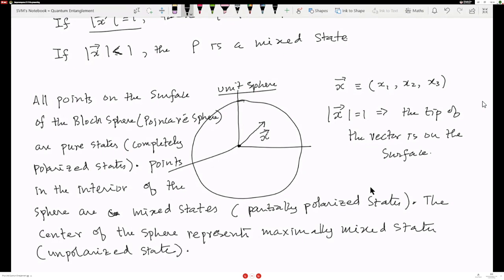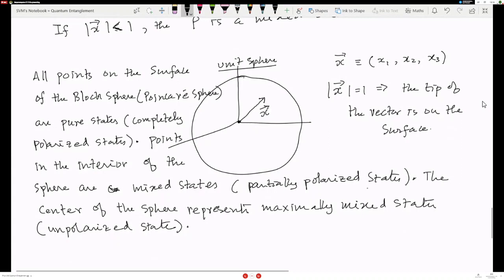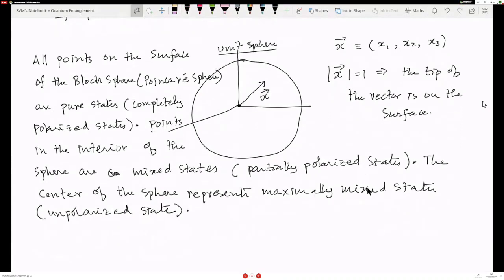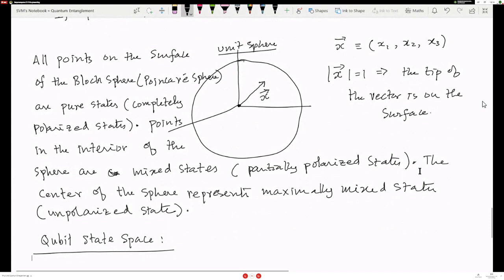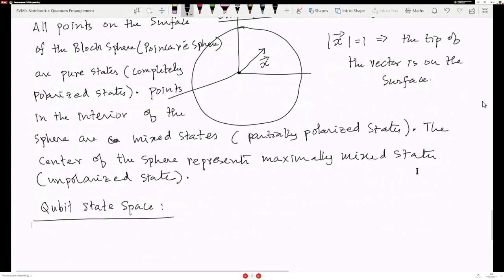Okay, so this interpretation will tell us that you can talk about a geometrical structure for the state space. So the state space, if you are talking about a qubit state space, okay, and previously we talked about pure states.